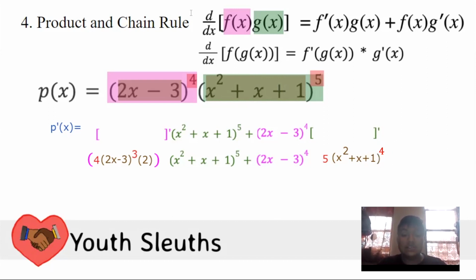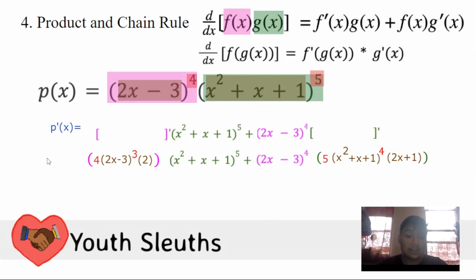Now, the final step to the chain rule, so as not to forget the g prime of x. So what we have is 2x plus 1. So now we have this.